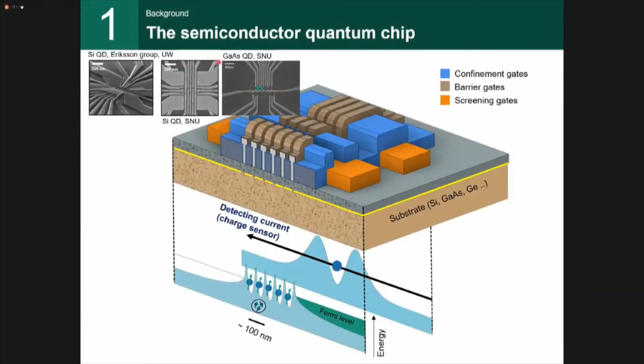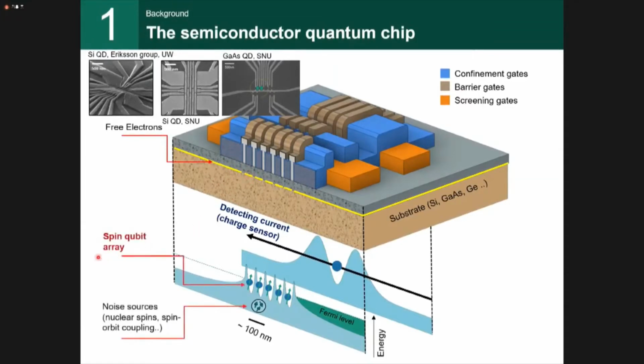But for coherent manipulation, we are still in the gallium arsenide world, and we hope that we can catch up with these nice silicon results very soon. But the point here is that we start with free electrons living at the interface, and then use these nanogates to make an electric potential to confine electrons in a well-confined area.